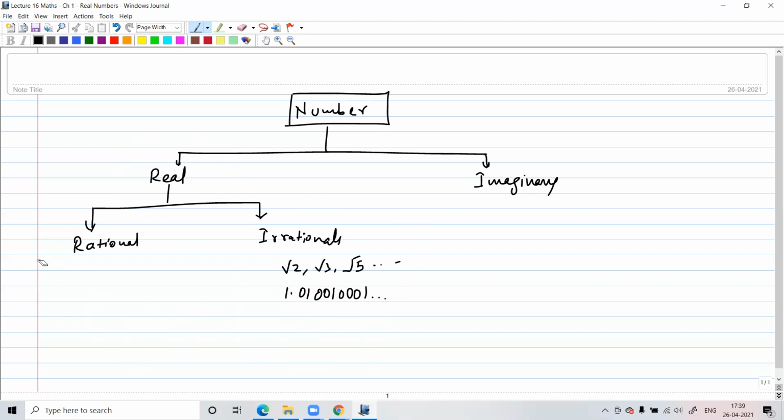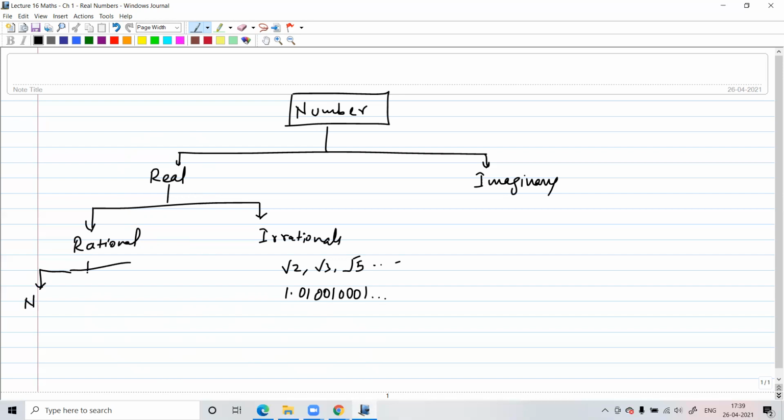But what about rational numbers? Rest of the things. Any number which can be written in the form of p by q, right? Where p and q are integers and q should not be equal to 0. So whatever whole numbers, natural numbers, whatever you have studied so far, all the fractions, they come under rational numbers. Okay.